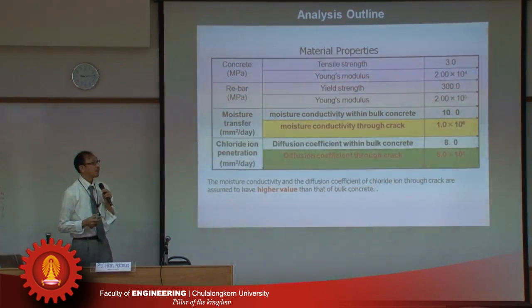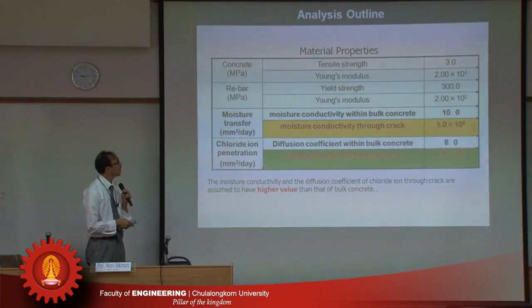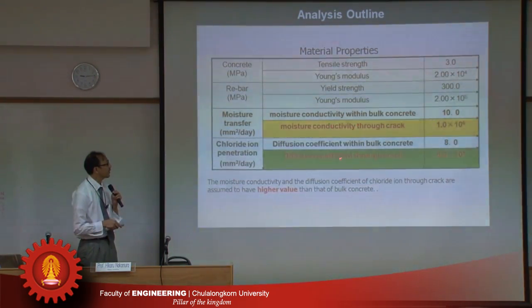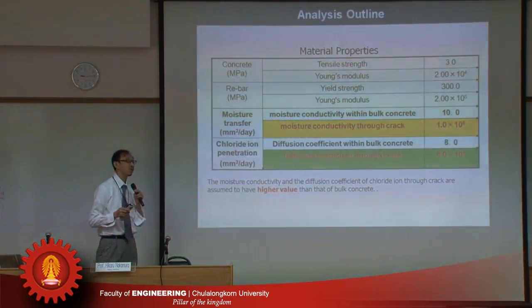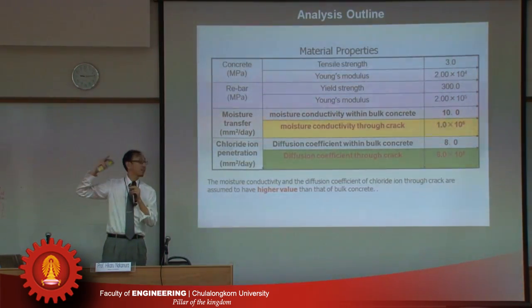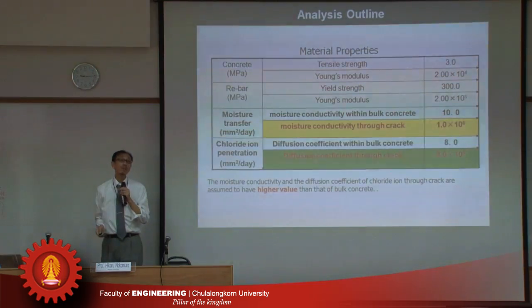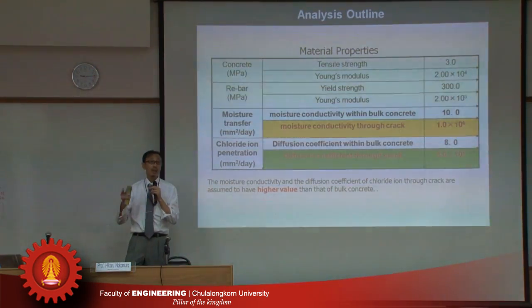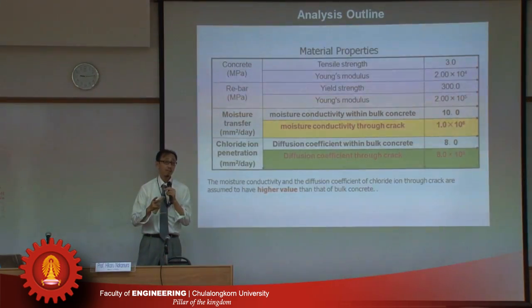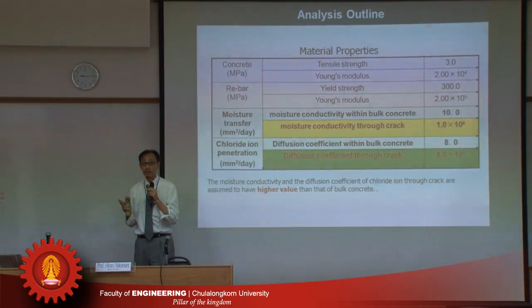Another feature of this simulation is that the moisture conductivity and the diffusion coefficient of chloride ions through cracks are assumed to have higher values than those of the bulk concrete. Of course, mass transport is faster through the crack than through the bulk concrete.